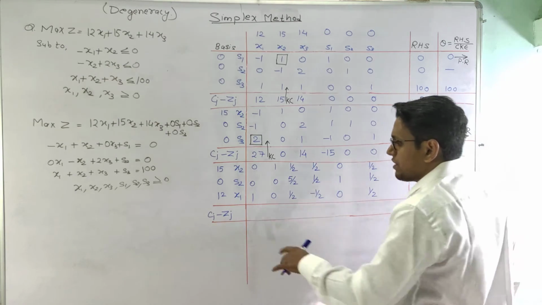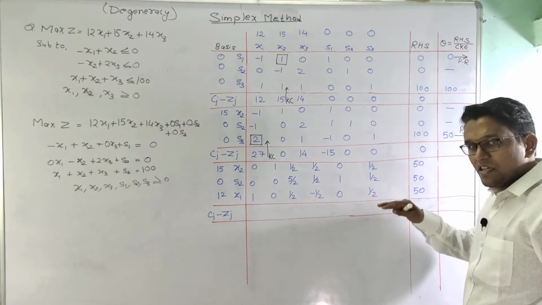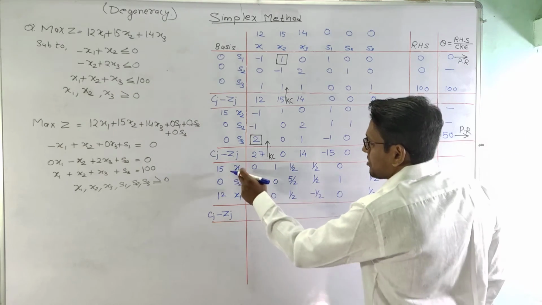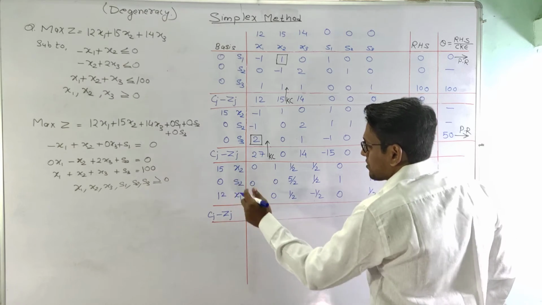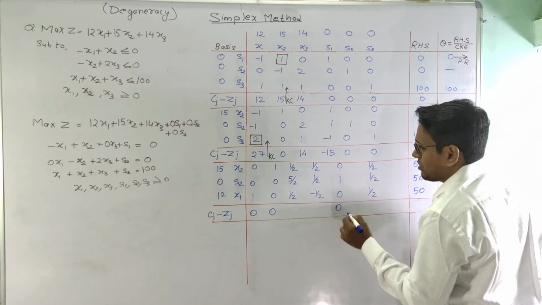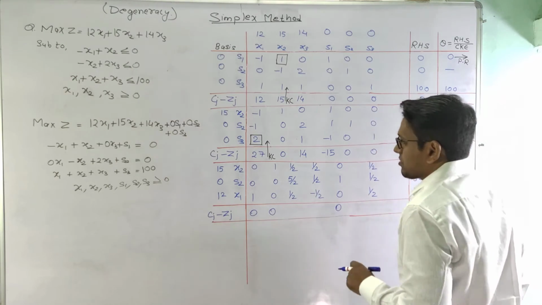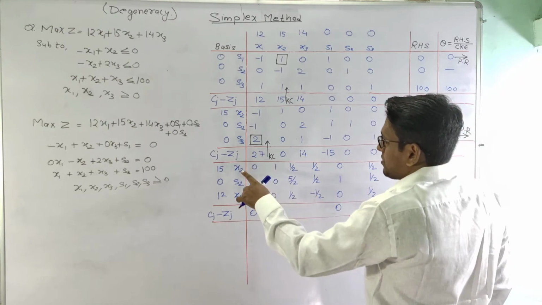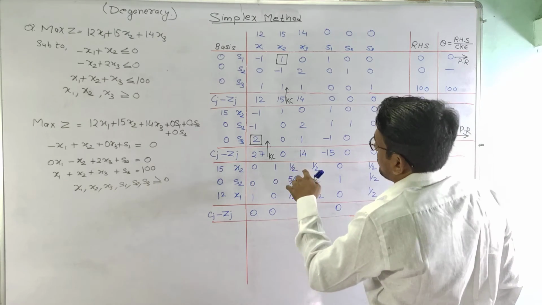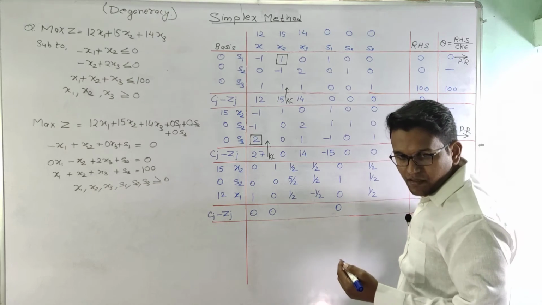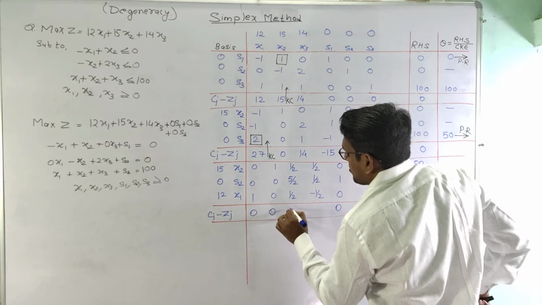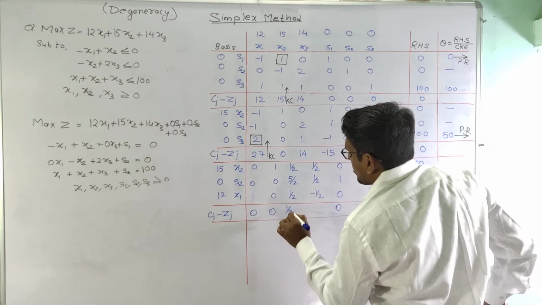Now we'll again calculate the value of Cj minus Zj to see if this is our optimal solution or not. So as we can see, the basic variables are x2, x1 and s2. So I'll put the value of x1, x2 and s2 as 0 because they are basic variables. Now this will be 15 by 2, 27 by 2. Cj minus Zj, this will be 1 by 2.